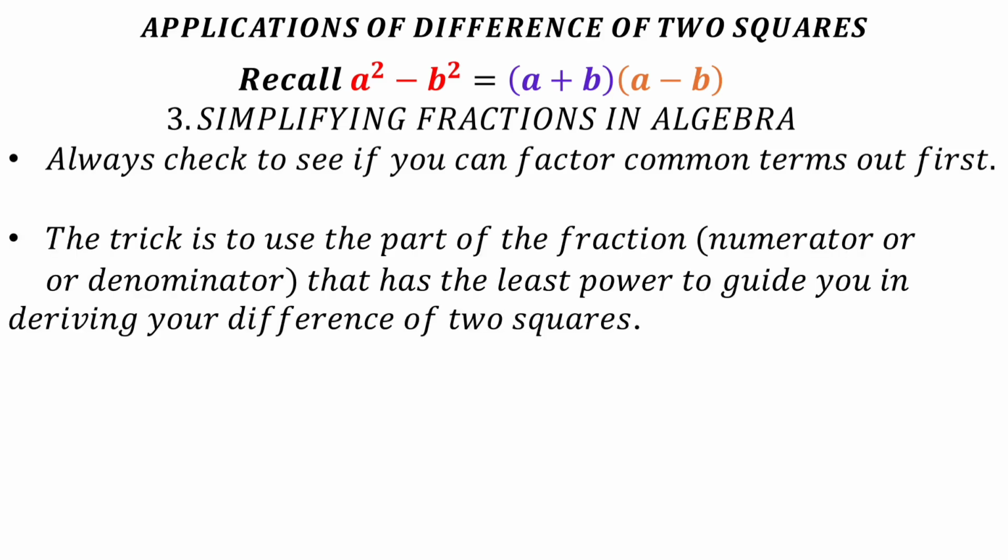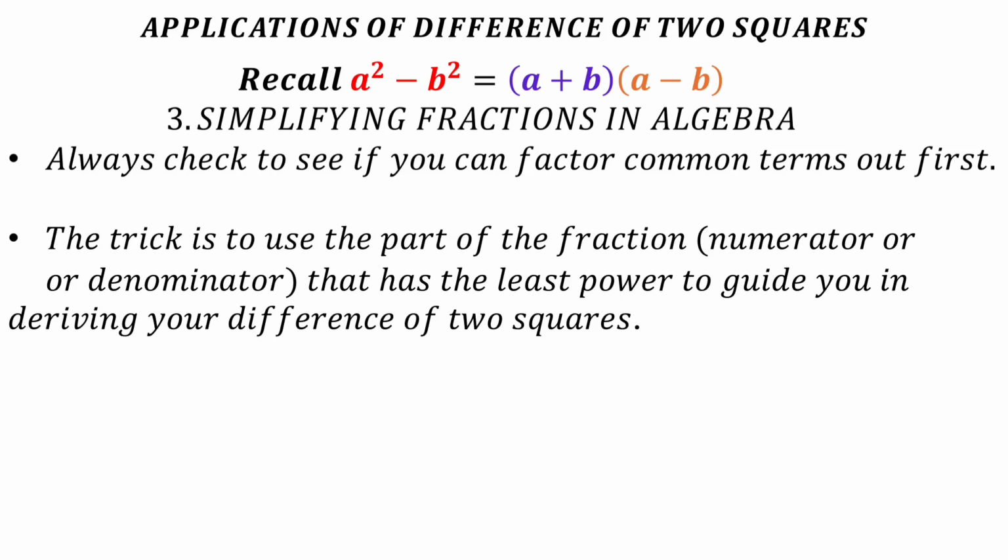Then there's this trick you can use, not really a trick, but it helps you figure out the part you're supposed to focus on very easily. Usually, in the fraction you get, one of the numerator or denominator will have the least power.